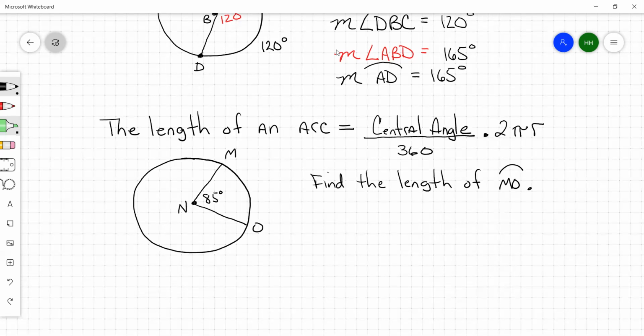The length of MO is how far it is from M to O, not how many degrees it is from M to O. Okay? So look, we need a radius or a diameter. So let's say this is 5 right here.